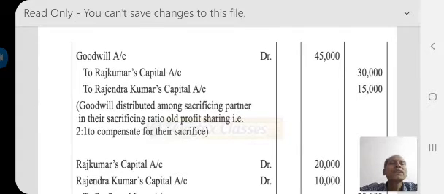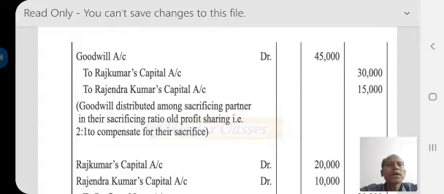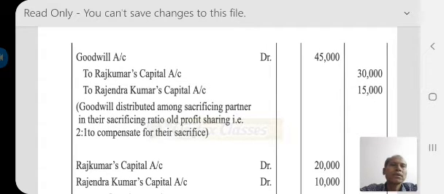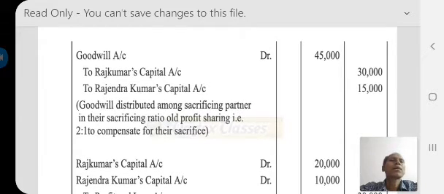So goodwill is 45,000. That should be distributed among the old partners, Rajkumar and Rajendra Kumar. This 45,000 rupees is brought by the new partner in the form of goodwill, and this goodwill should be distributed among the partners. So see the entry, goodwill account debit to Rajkumar capital account, Rajendra Kumar capital account.